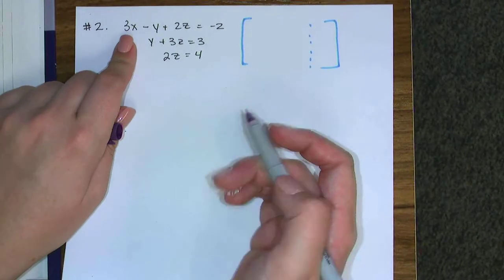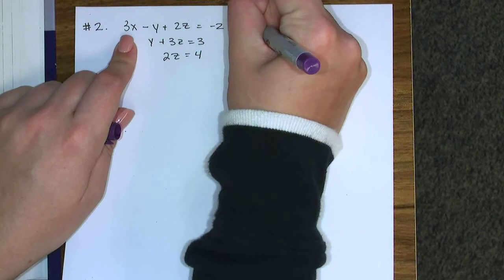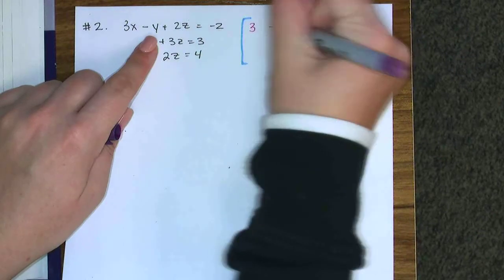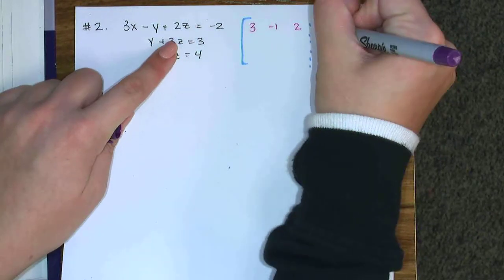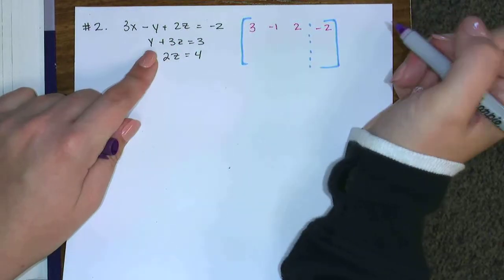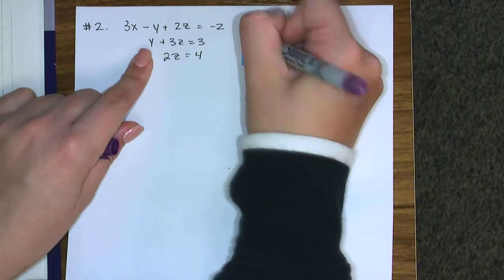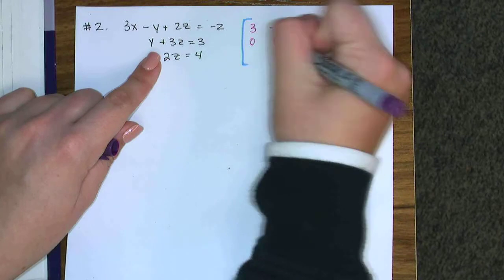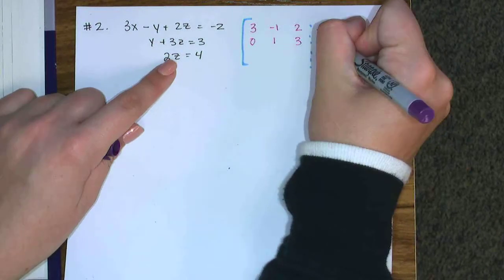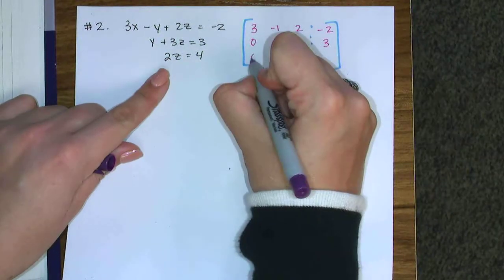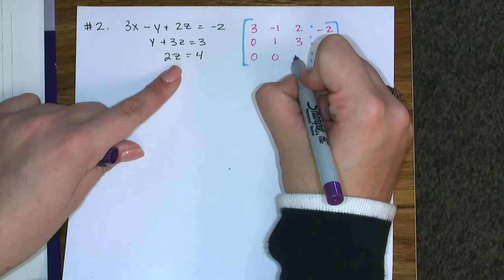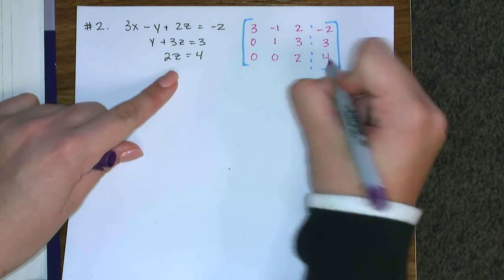In this top one, everything's there, so x is 3, y is negative 1, z is 2, and then the solution is negative 2. I have no x's, so I get a 0. I have 1y, I have 3z is equal to 3. I have no x's, no y's, but I have 2 z's, and that's equal to 4.